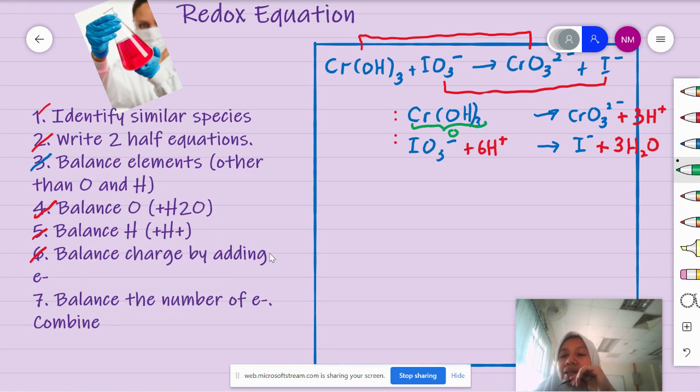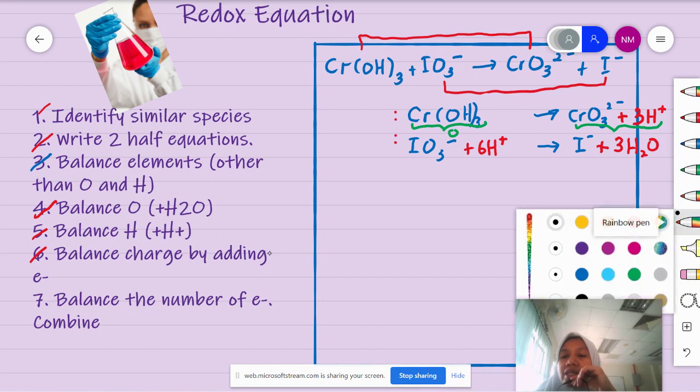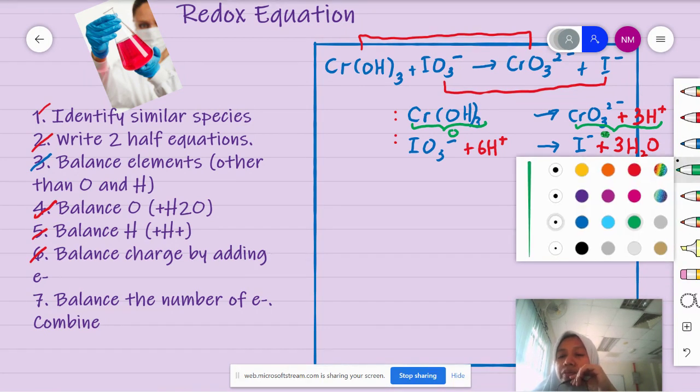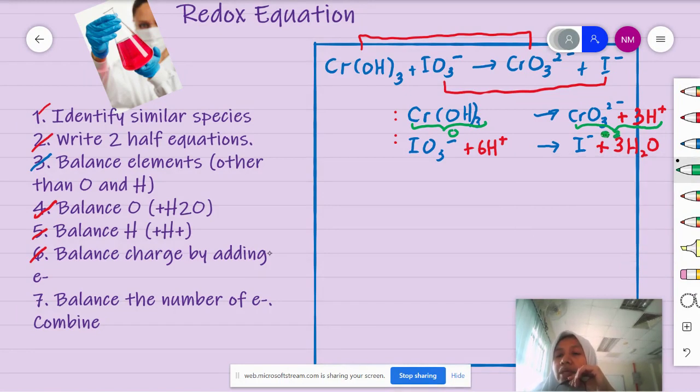On the other side, for CrO3, the charge is -2. And then plus 3, 3 times 1, therefore +3.